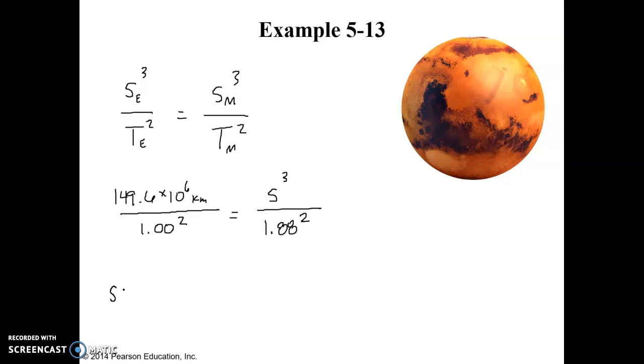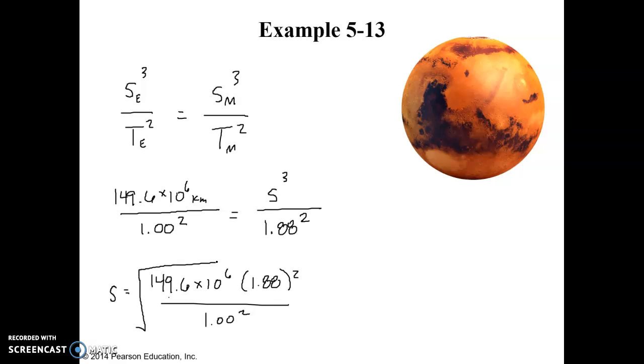So S, which is the average mean distance from Mars to the Sun, which is what we're trying to find, is going to be 149.6 times 10 to the 6th times 1.88 squared divided by 1.00 squared. Oh, and cube root all of that. I almost forgot the cube root.